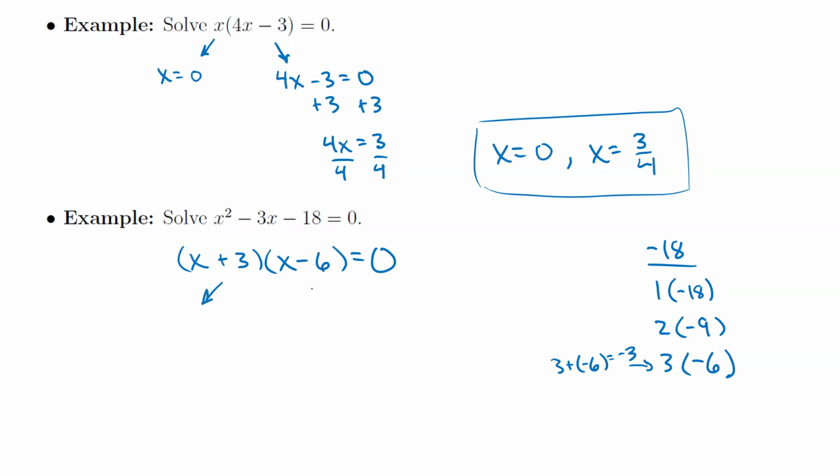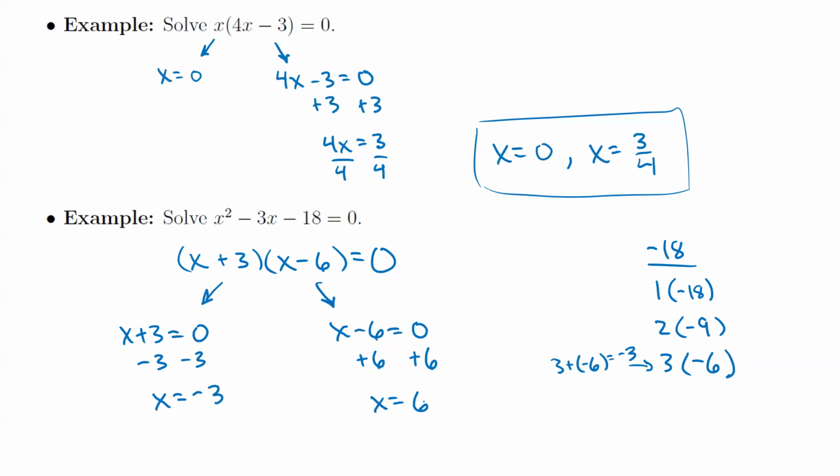As soon as I've done that, I can solve these two individual equations, and that's coming from the zero factor theorem that says I'm multiplying two things, and the only way to make the left side equal 0 is if either x plus 3 is equal to 0 or if x minus 6 is equal to 0. So there are our two solutions there.